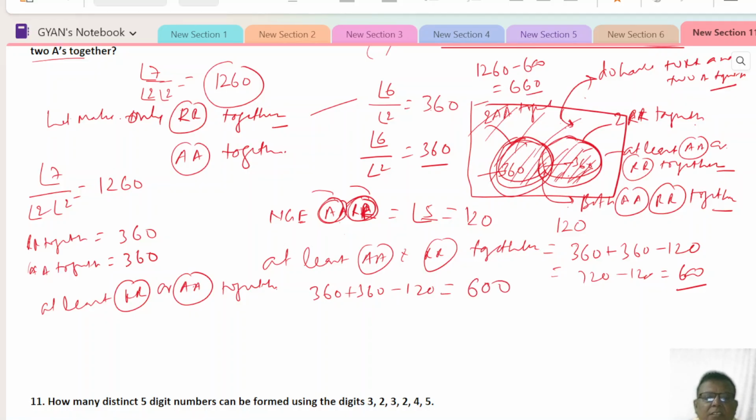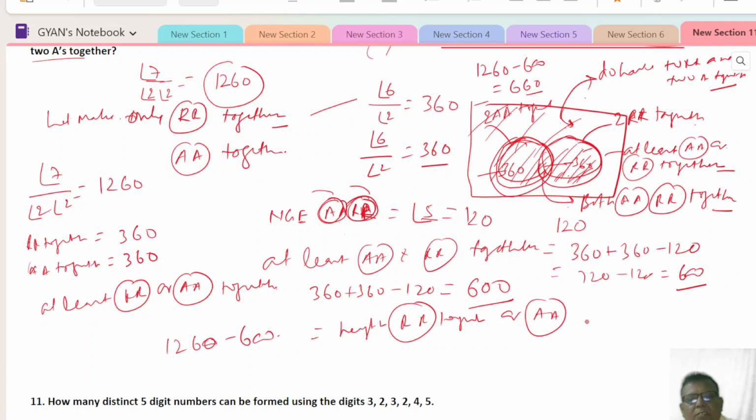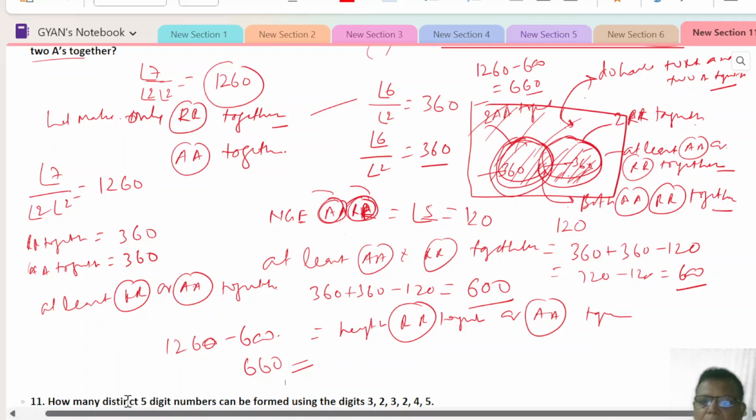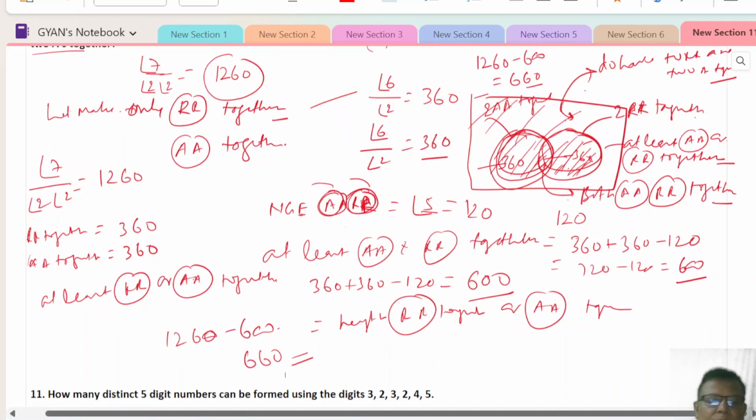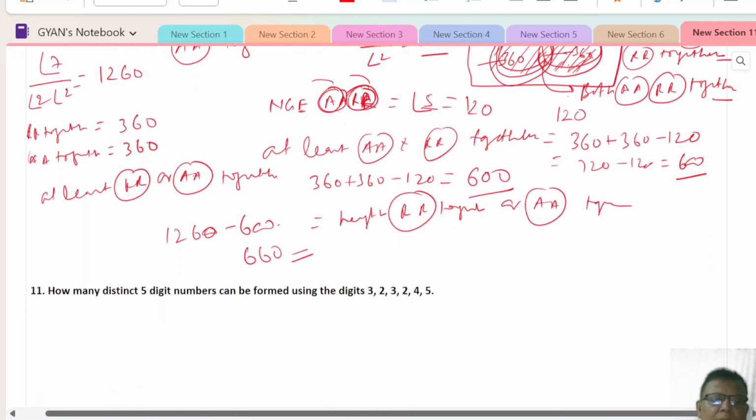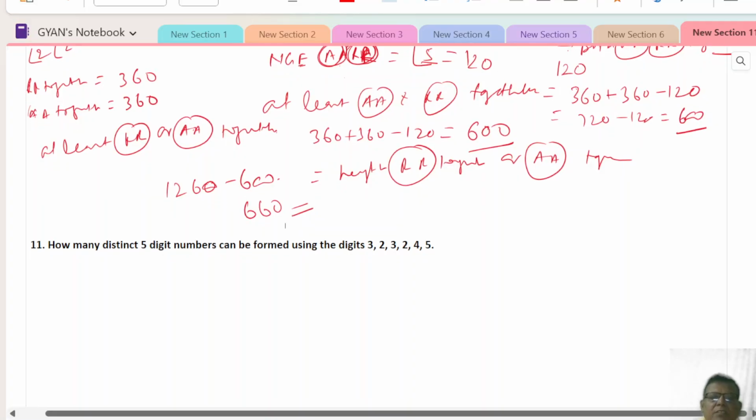That is 600. So 1260 minus 600 will be what? Neither RR together nor AA together is equal to 660. Now come to question number 11. How many 5-digit numbers can be formed using 3332? This one.